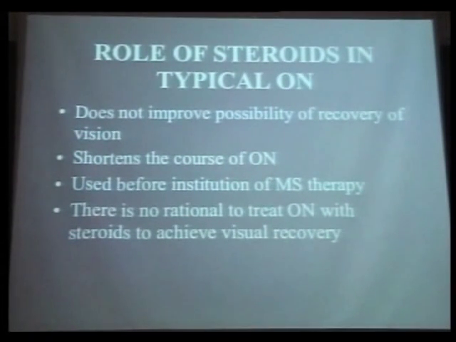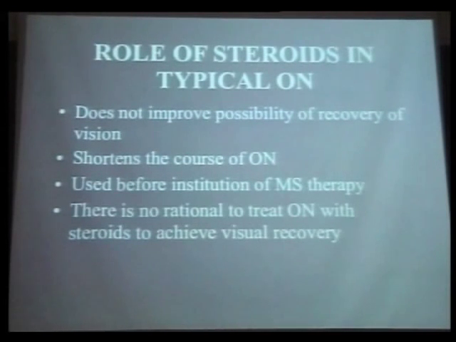Now, what's the role of steroids in typical optic neuritis? What the optic neuritis treatment trial showed, and I think this is probably the most misunderstood aspect of the management of optic neuritis, is that people get treated with steroids for optic neuritis for visual reasons.